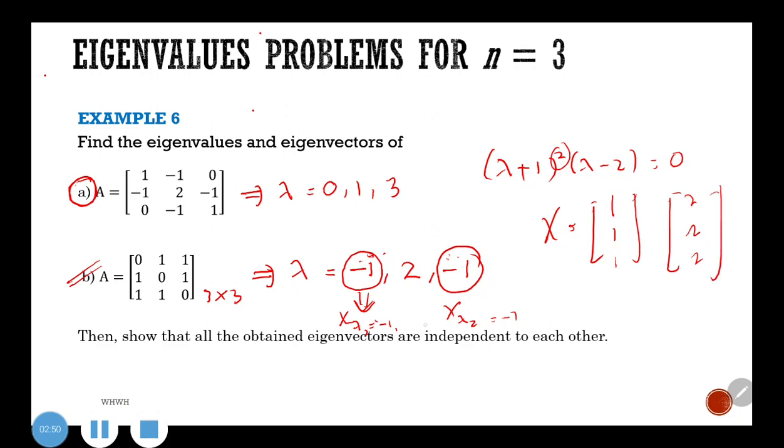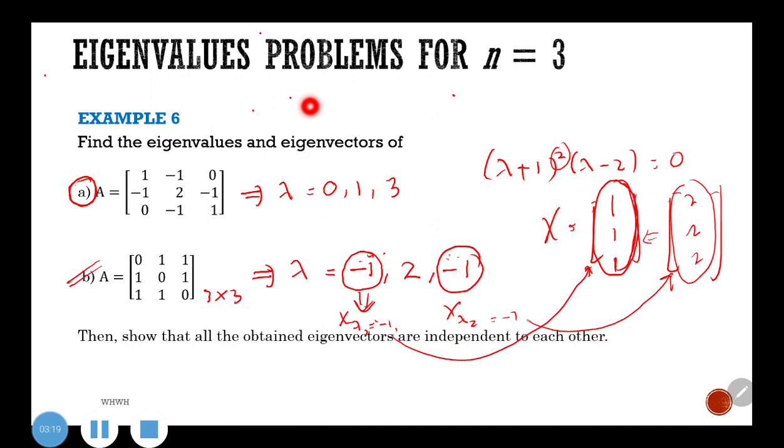Maknanya yang ni you tak boleh nak assign, yang ni for the first lambda equals to negative 1, yang ni for the second lambda equals to negative 1. No, because if you put this way, ni contoh je, it will be like it depends. It becomes dependent. Maknanya yang dua ni sebenarnya adalah 2 kali this vector. Betul? It becomes dependent.